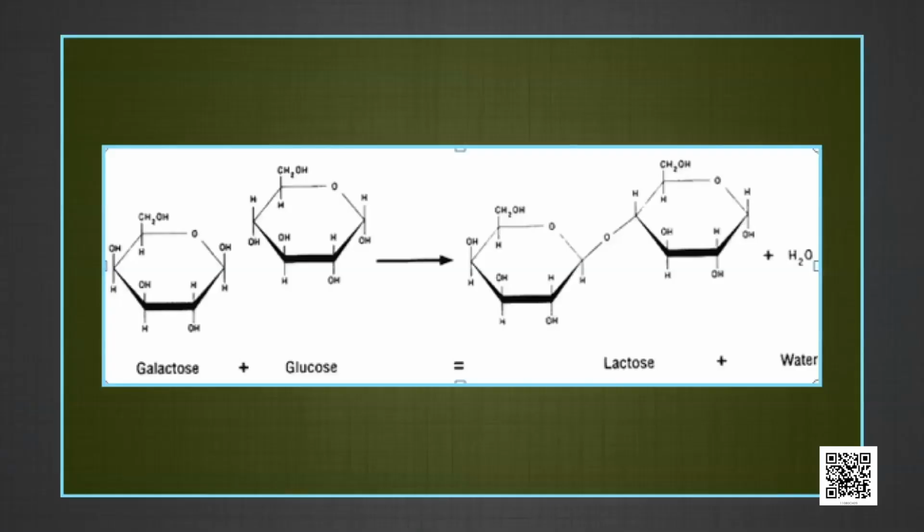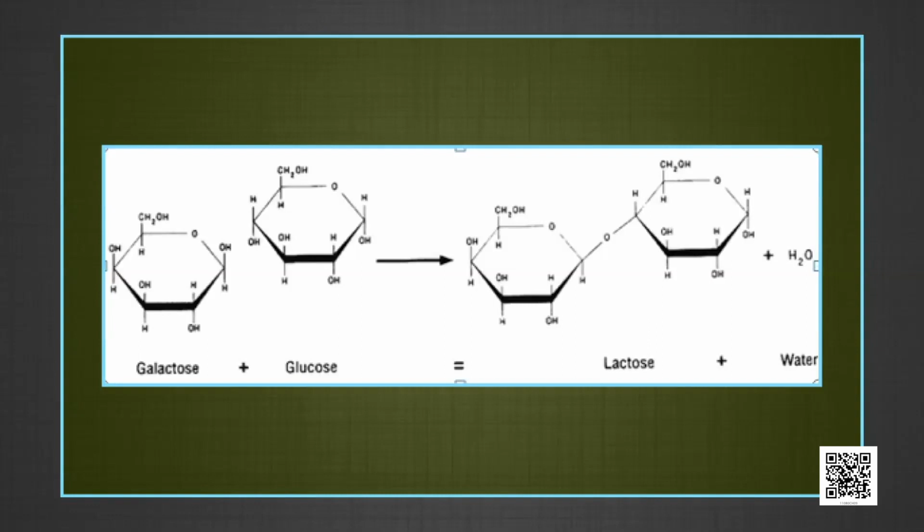Let us take lactose as an example of a disaccharide. Lactose is a milk sugar with one glucose and one galactose. Here is a picture depicting the structure of lactose. In lactose, one monosaccharide is galactose and the other is glucose. As I already told you, in galactose the OH group at the fourth carbon differs from glucose. In this diagram, the carbon carrying the OH group is on the upper side in galactose, and in glucose the OH group on the fourth carbon is below.